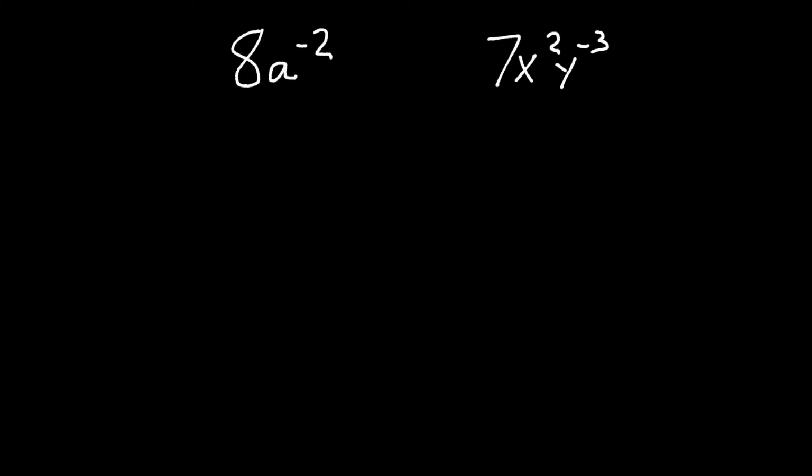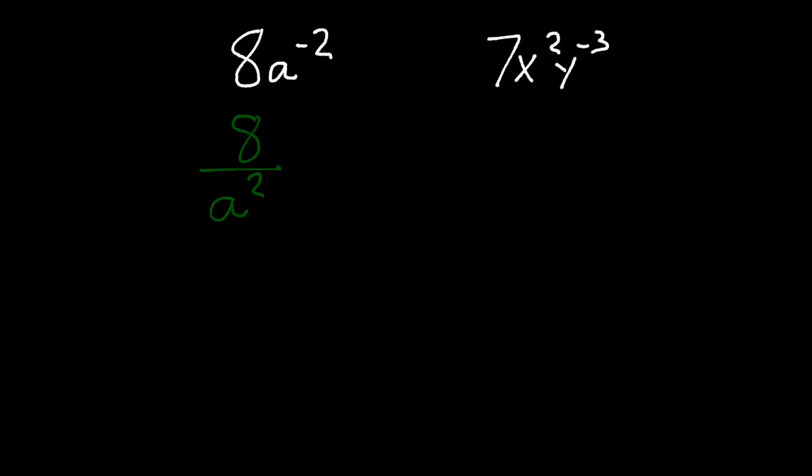So really, this would become 8 over a squared. You only move what is connected to the exponent. 8 is not connected to the exponent. 8 is connected to a, but the exponent is connected to a. So the exponent and its base go to the bottom.